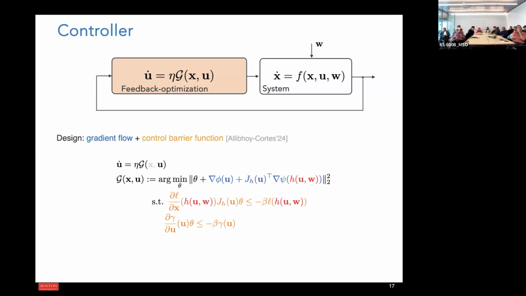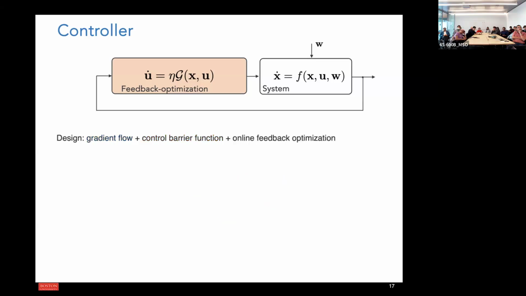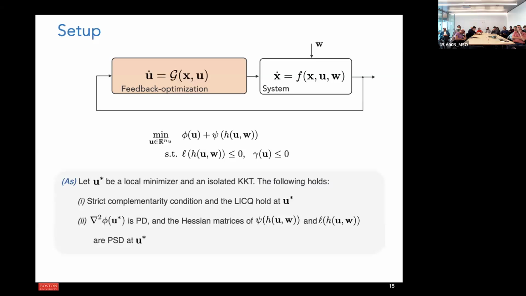Now, first off, open loop setup. So let's forget a little bit about the dynamics for now. The way I'm designing the G in this particular case is to take the gradient of the cost function. And then I'm going to replicate the equations of the CBF filter for every constraint that I have.